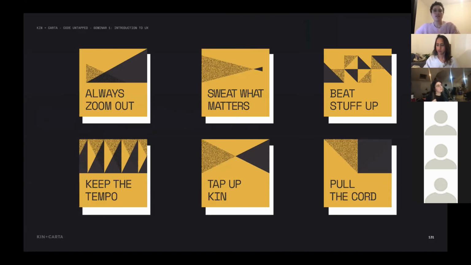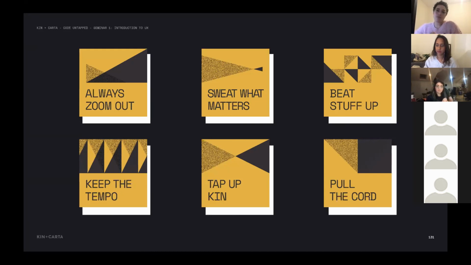Sweat what matters. This is focusing on what's important that will drive the most valuable impact. Sometimes it means saying no to people who don't want to hear it. And beat stuff up, collaboratively challenging an idea or piece of work with your peers, actively providing and receiving constructive feedback. Keep the tempo. So this is getting stuff out often so we can beat it up regularly.